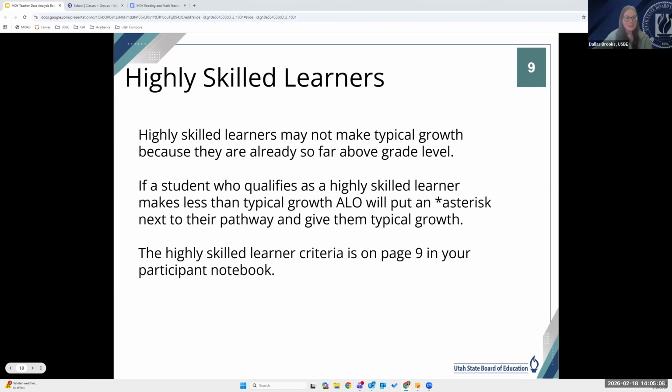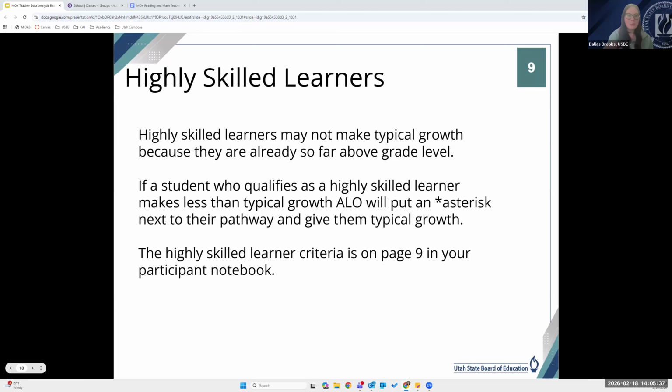Occasionally, you may have a student who is considered a highly skilled learner. Highly skilled learners are students that are already so far advanced that they may not be making statistical typical growth. If a highly skilled learner makes less than typical growth, then ALO will automatically place an asterisk next to their pathway, and you will just assign them typical growth, no matter what they made.